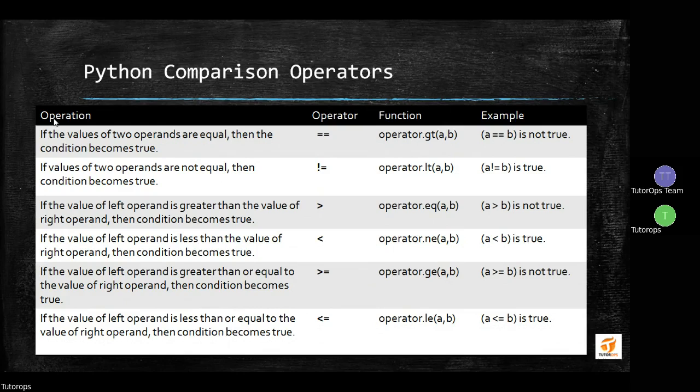If a equal to 5 and b equal to 6, that means it's not true. So the result or the output of the comparison operators is always true or false. Then not equal to, then next you see greater than, less than, greater than or equal to, less than or equal to. These operators are very important when we use loops.